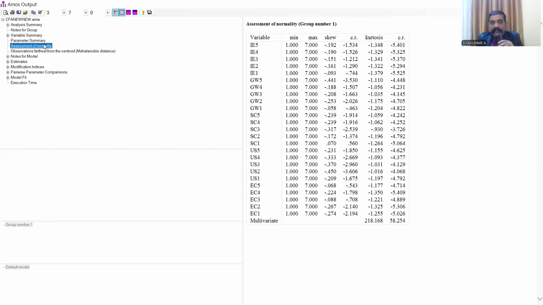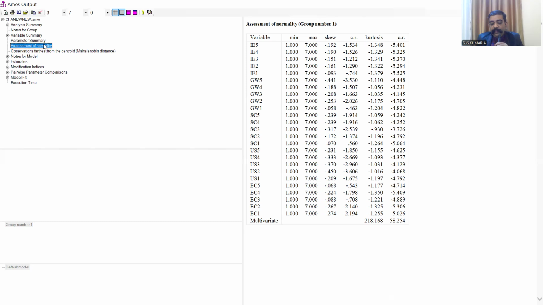Actually, there are three types of skewness: positive skewness, negative skewness, and zero skewness. Then what is the standard value? As far as skewness is concerned, if the value lies between -1 and +1, it is excellent.